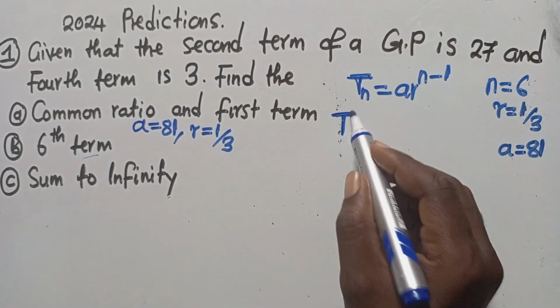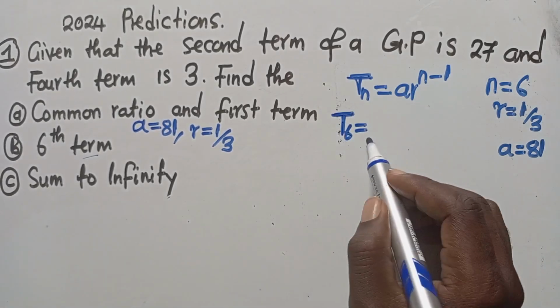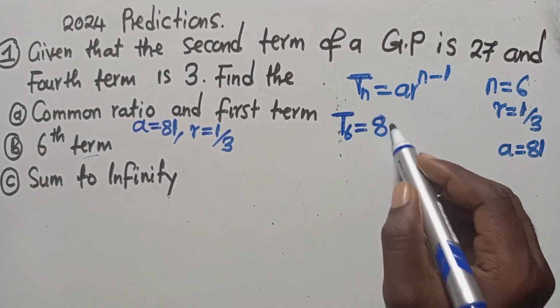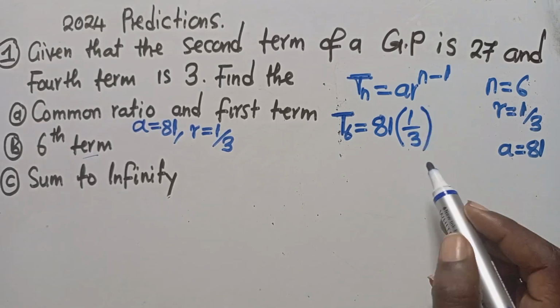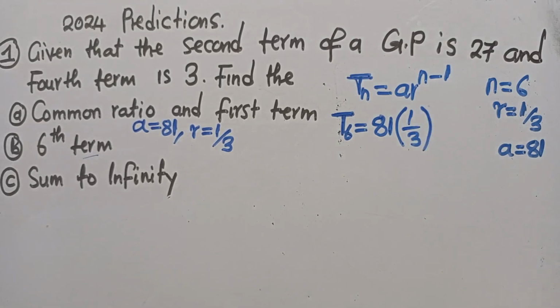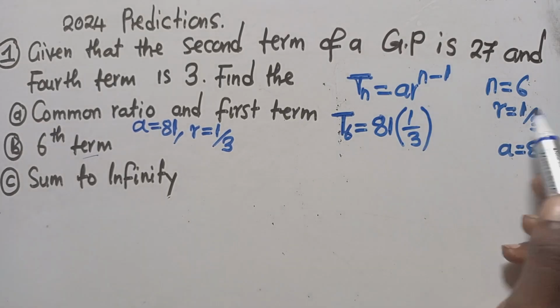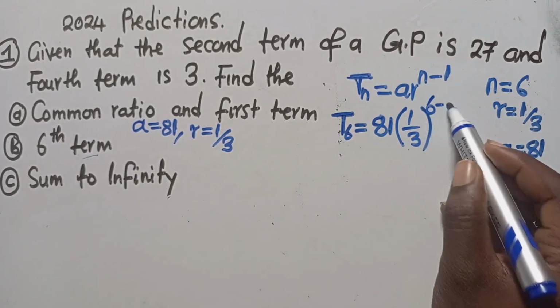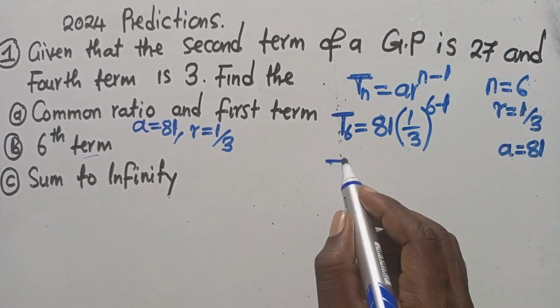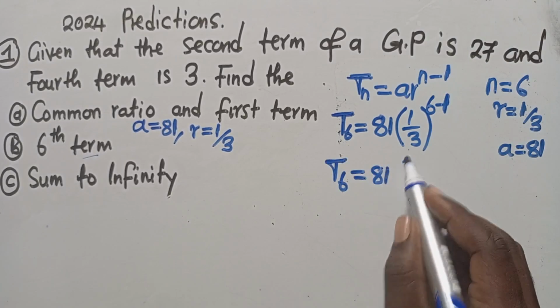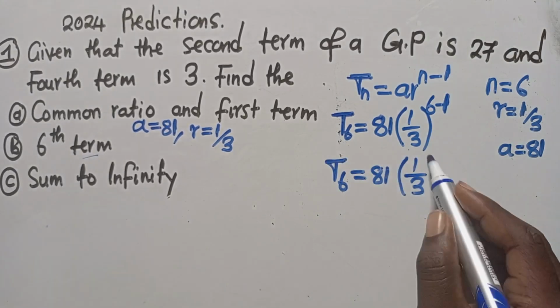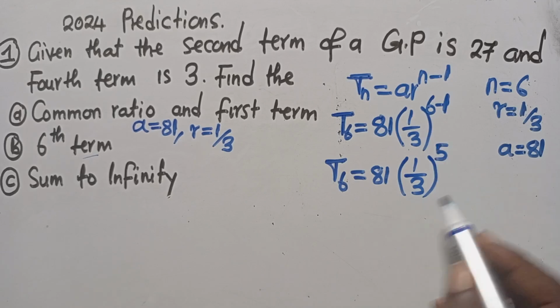So the sixth term is equal to the first term, 81, multiplied by 1 over 3 to the power n minus 1, which is 6 minus 1. So I've got 81 times 1 over 3 to the power 5.